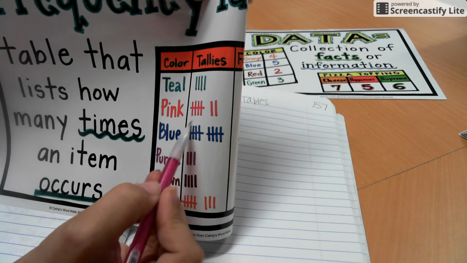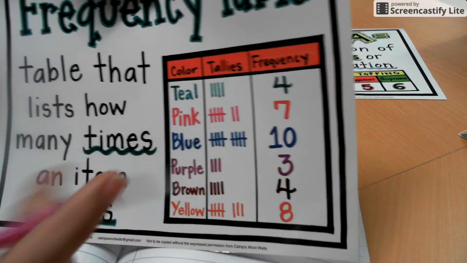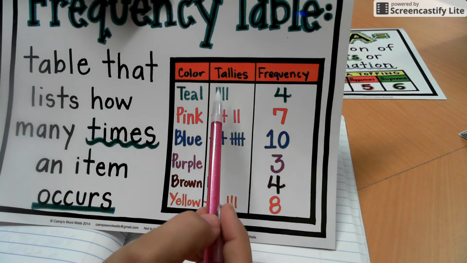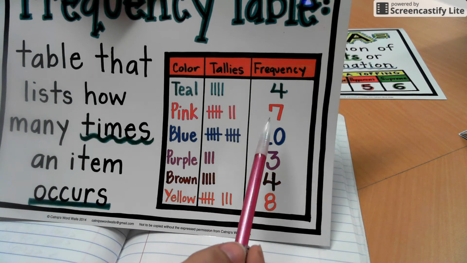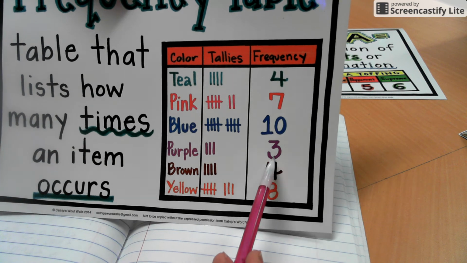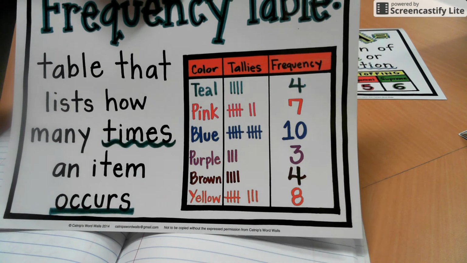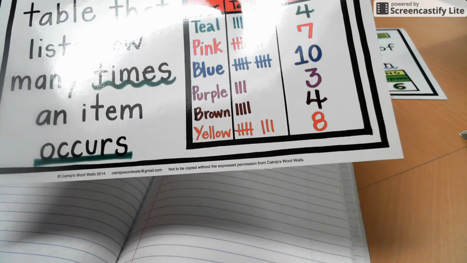We know that's 5, 10. All that a frequency does is tell me how many times. So the frequency is 4. So it's how many tallies there were. 7 of the pink, 10 of the blue, 3 of the purple. So all it is is how many times it occurred. So we're going to add that note to page 157.